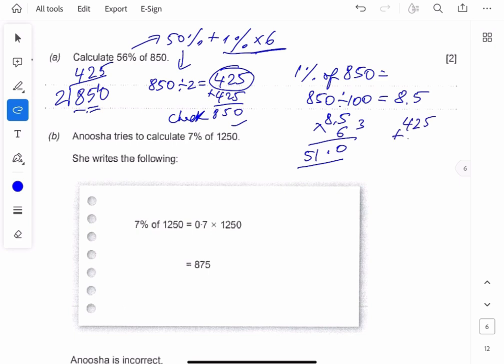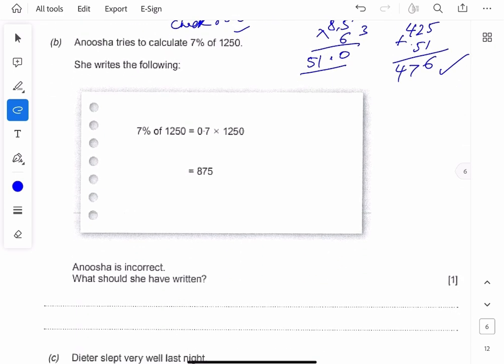Okay, add your two answers together, for 50% and for 6%, and that will be your final answer, 476. Well done if you got this right.